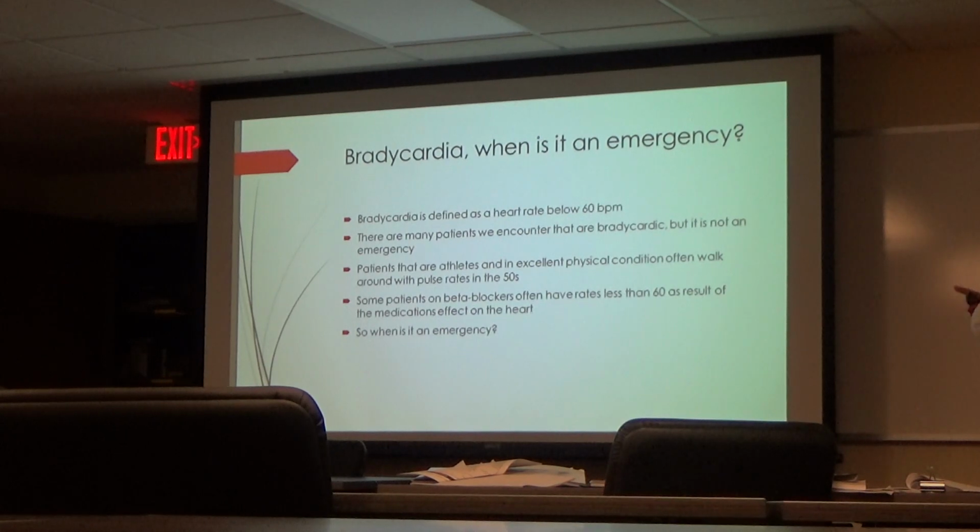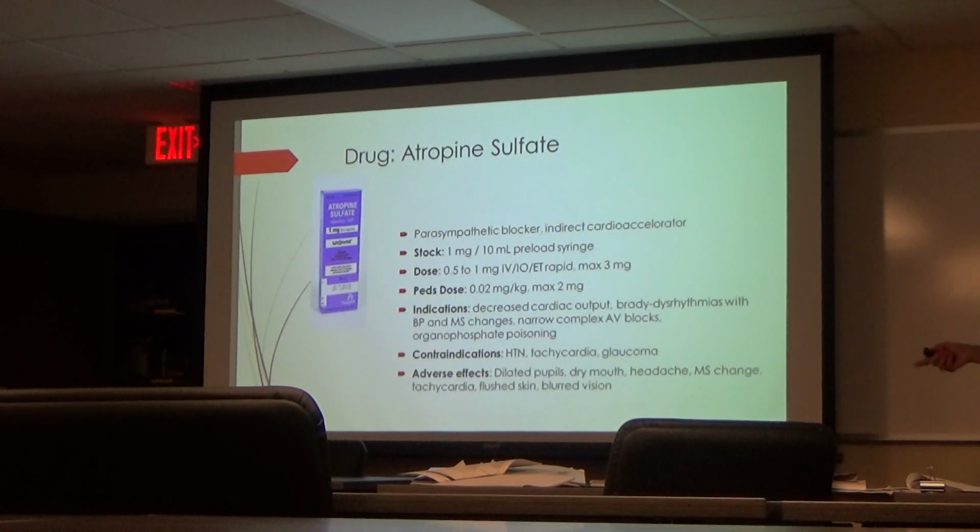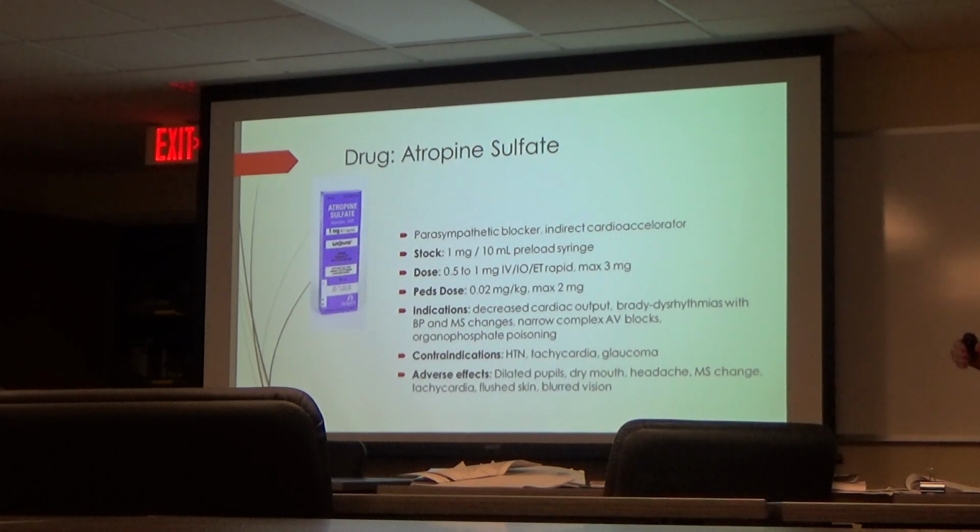Now, there's a slide coming up here. Let's just go to it right now. Atropine is a medication that mainly speeds up the conduction process through that AV node. If we have a slow heart rate, it's to speed it up so that the ventricles don't overfill, don't become dilated, and then it'll force blood to the rest of the body. Atropine does other things too.